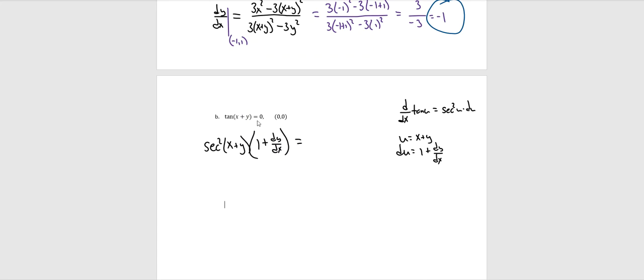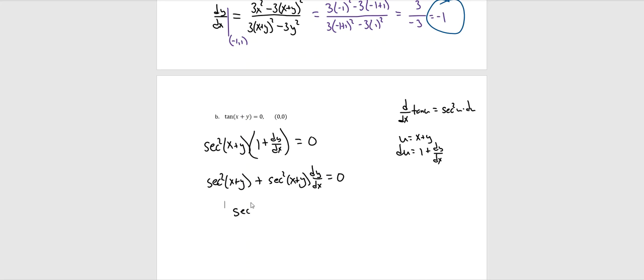The derivative of 0 on the right-hand side is 0. Now remember, it's not just the x plus y that's being multiplied by 1 plus dy dx. It's all of secant squared of x plus y being multiplied. So I'll have secant squared of x plus y times 1 plus secant squared of x plus y times dy dx equals 0.